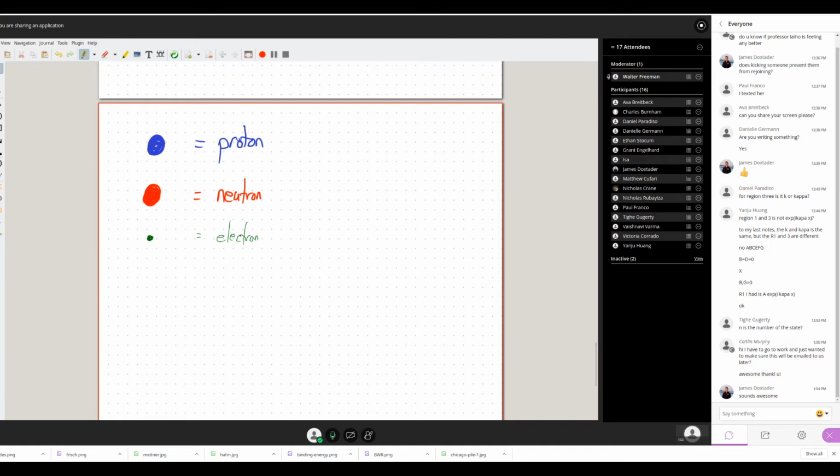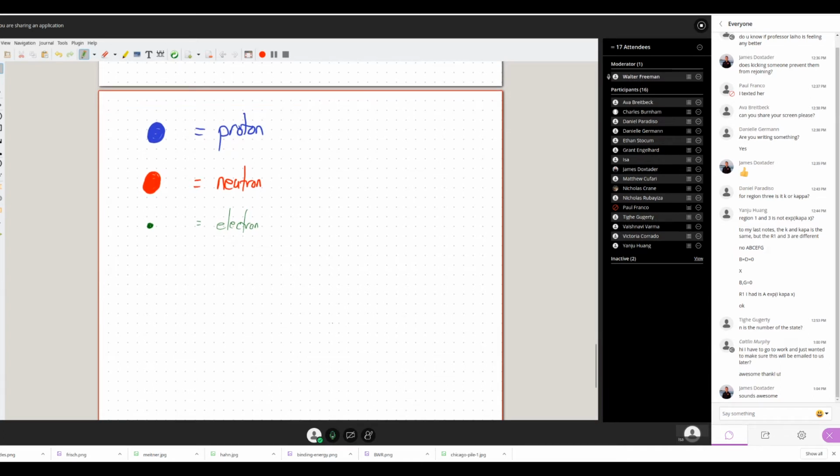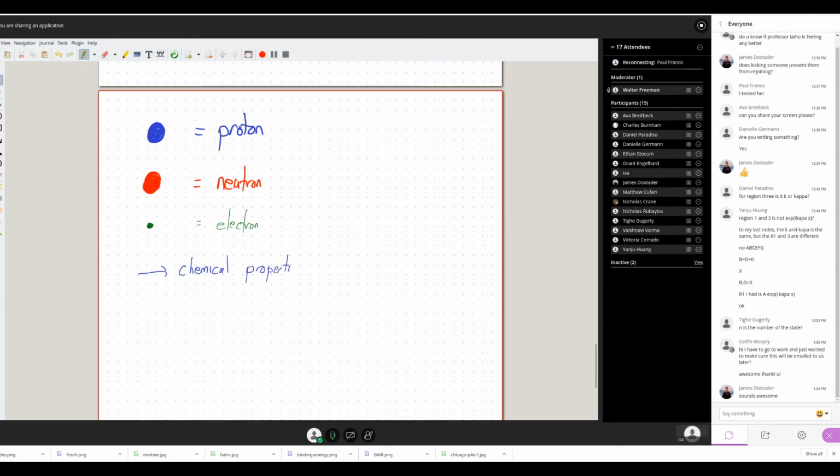Some stuff to know about atoms is that the number of electrons determines their chemistry and thus the name of the element. The number of electrons matches the number of protons. So the chemical properties are set by the number of protons because that equals the number of electrons.